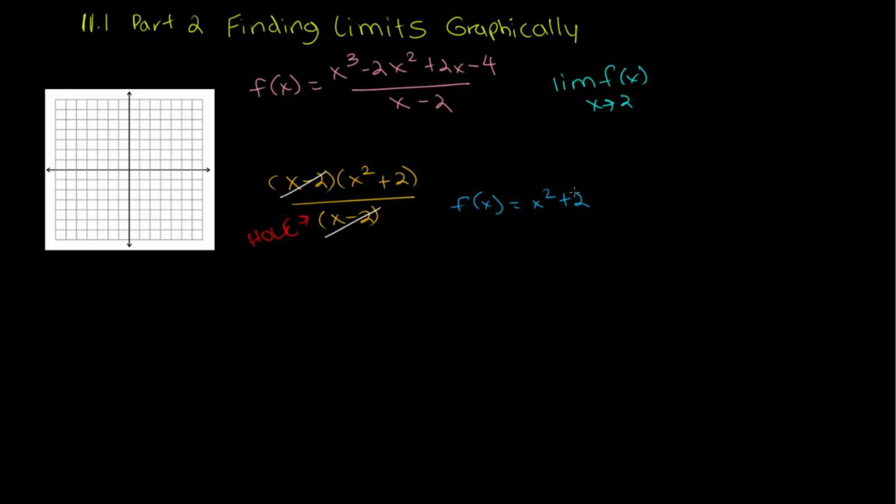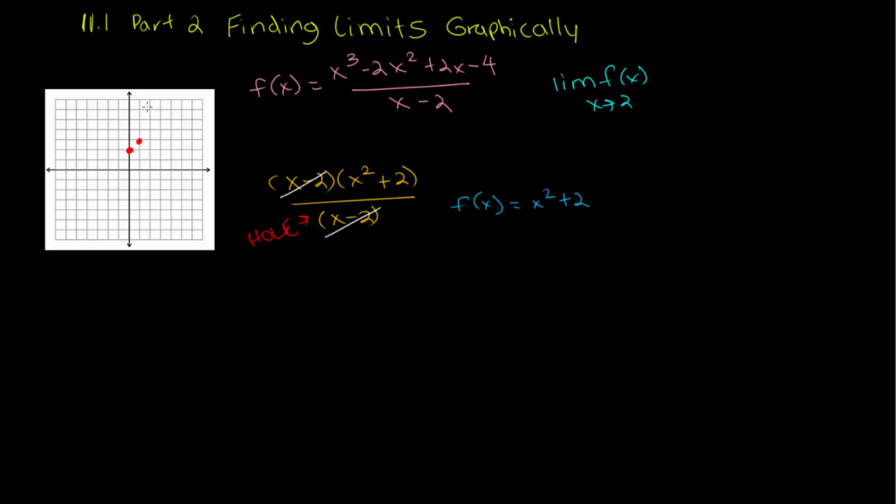So if we graph this, we have the y-intercept at y equals 2. It's just x squared, so we're going to go up 1. 1 squared is 1. 2 squared is 4. And it's going to be undefined there, so I'm going to have an open circle.